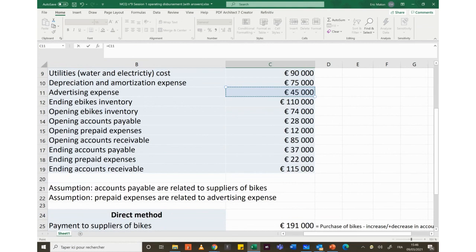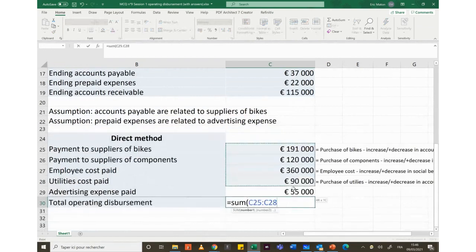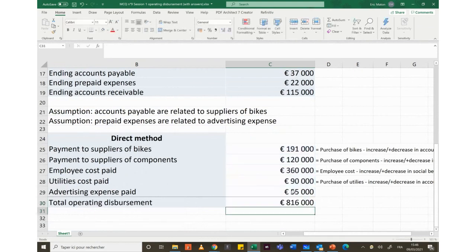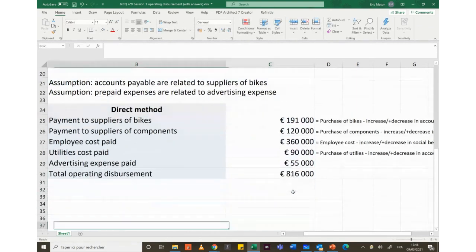So what I need is plus the increase. So advertising expense plus increase. So plus ending minus opening. And now I have all the expenses, operating expenses paid. So I have all the operating disbursements, 118,000. So this is the direct methods.